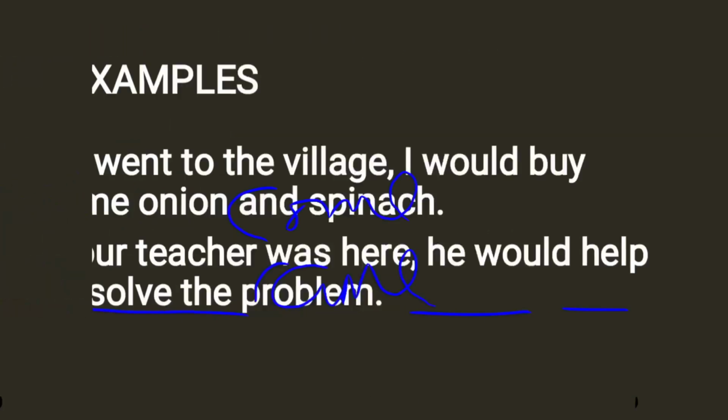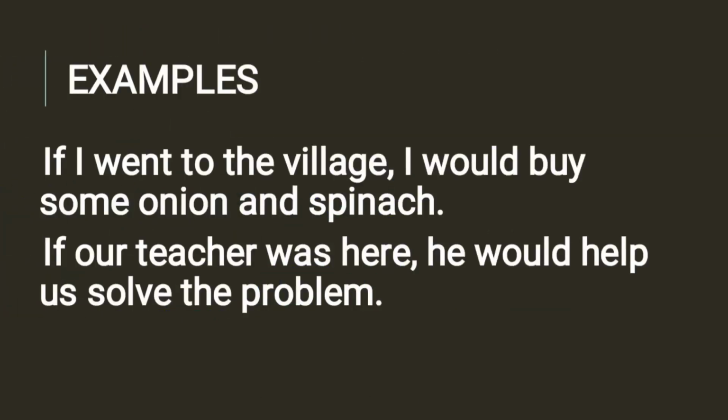Let me help you understand this with the aid of an example. If I went to the village, I would buy some onion and spinach. So now look at that example that I gave you under probable condition, but it has been rephrased to an improbable condition. There it was, if I go to the village, I will buy some onion. But here, this is improbable.